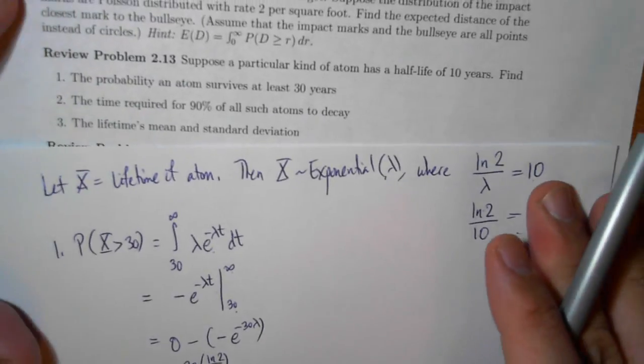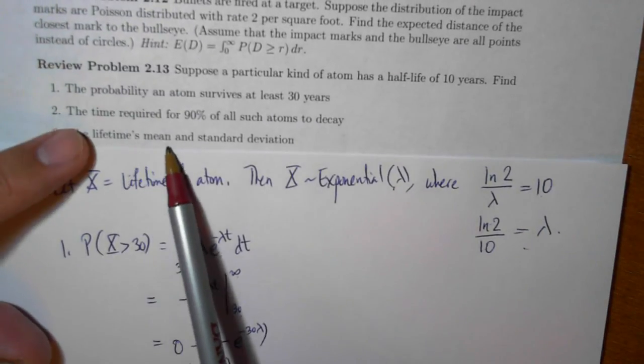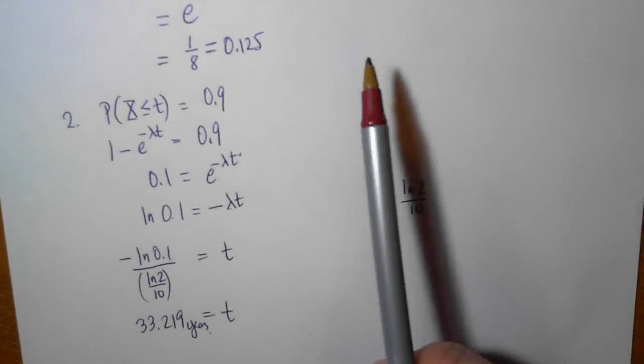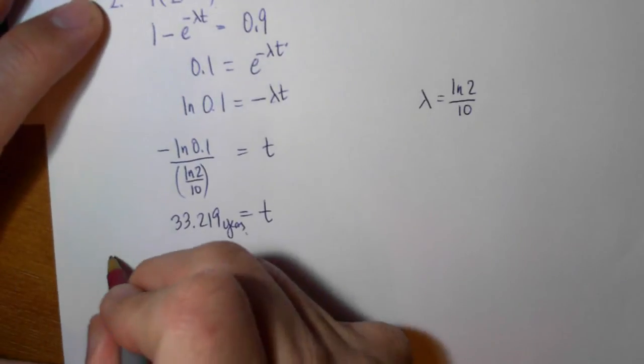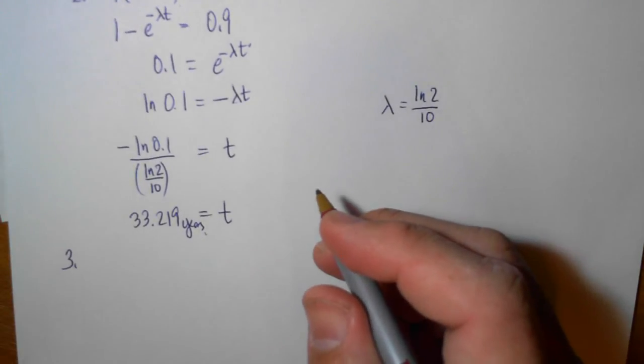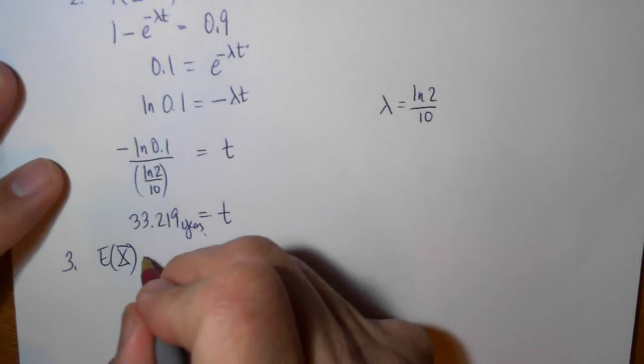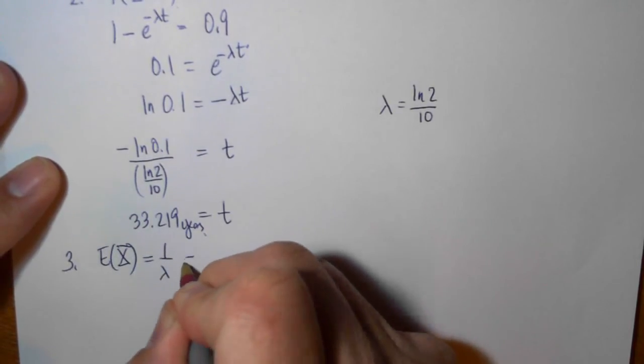Okay, the third part of the problem is actually the easiest. Find the mean of the lifetimes as well as the standard deviation of the lifetimes. So problem number 3, the expected value of an exponential random variable is 1 over lambda.